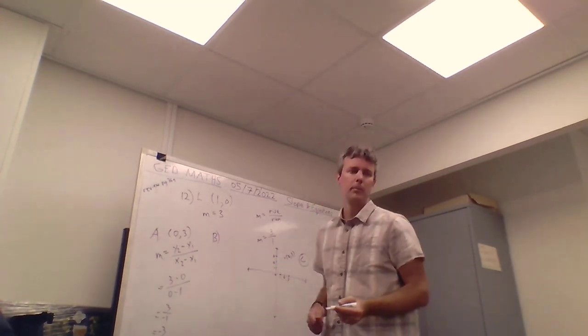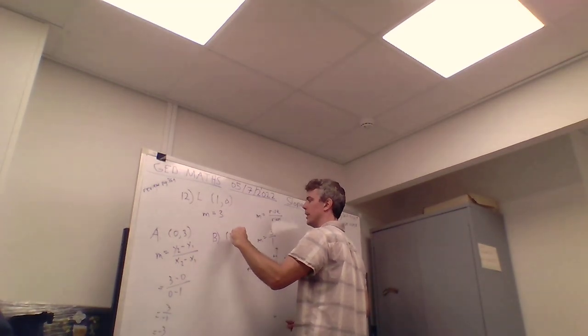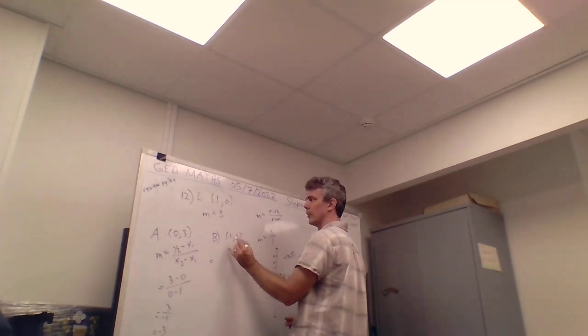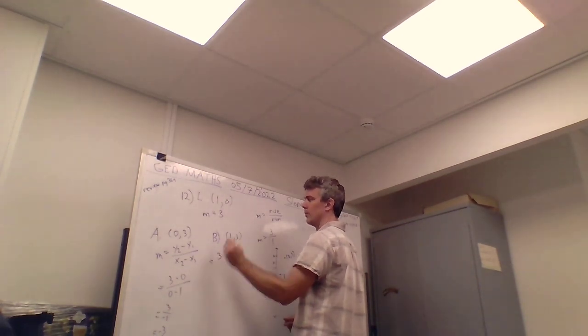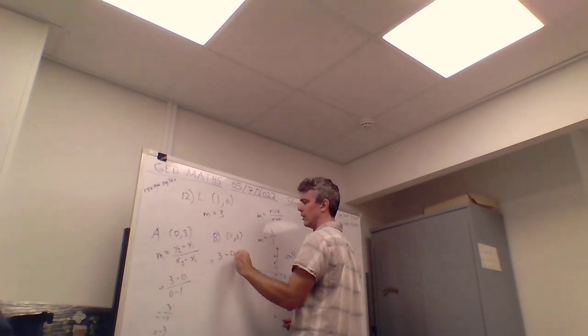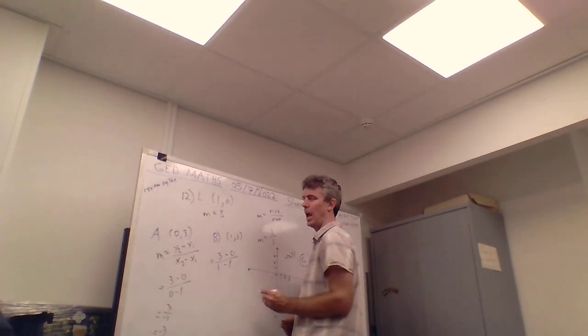Okay? And you do B the same way. Right? B is 1, 3. Same formula. So it equals 3 minus 0 over 1 minus 1.